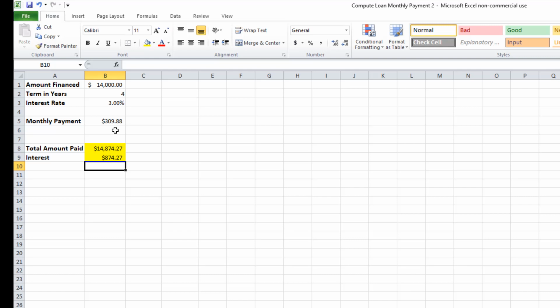So let's suppose we want to do a what if. What if I change the term to 6 years? Well, let's make it 5 years. Hit enter. The payment is going to be a little bit smaller, but you're paying more interest, because it's a longer period of time.